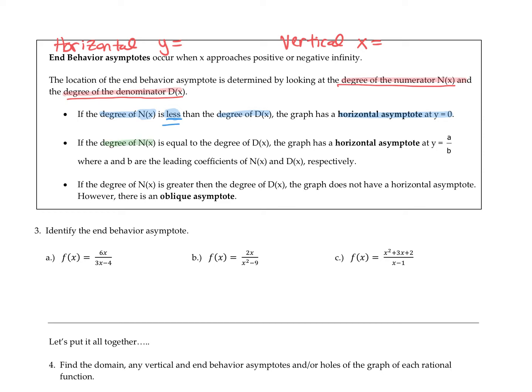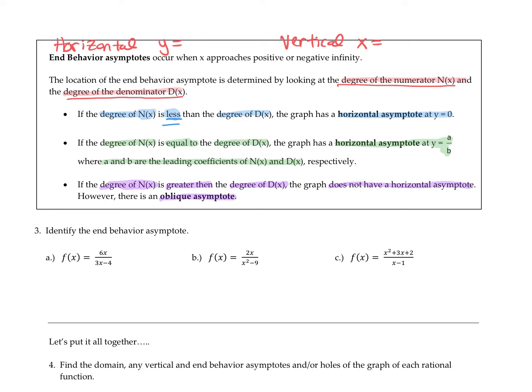If the degree of the numerator is equal to the degree of the denominator, then to find your horizontal asymptote, you're going to do a over b, where a and b are the leading coefficients of your numerator and denominator. The last situation: top is less than bottom, top is equal to bottom. Now what if the degree of the top is greater than the degree of the bottom? Then it does not have a horizontal asymptote.